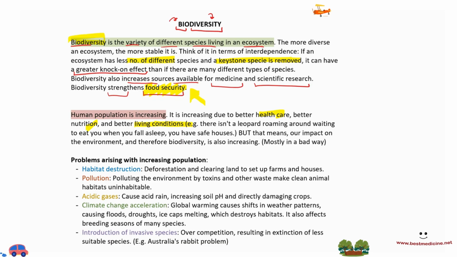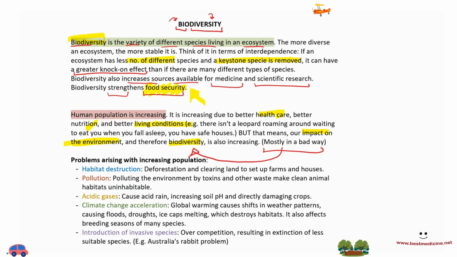If they're living longer and human population is increasing, that means that our impact on the environment is also increasing. And therefore, biodiversity is going to decrease, mostly in a bad way, unless we have conservation efforts. So our impact on the environment and therefore biodiversity is increasing, and usually the impact is in a bad way on the environment as well as biodiversity.